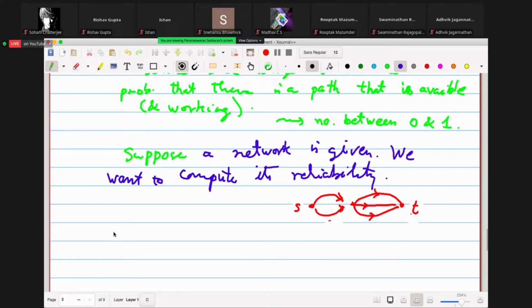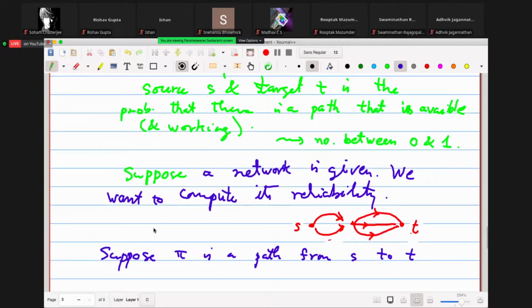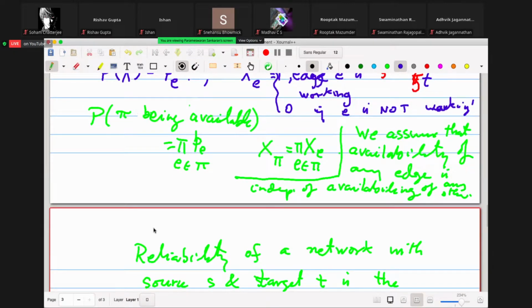Suppose pi is a path from S to T. So I write a general sentence.